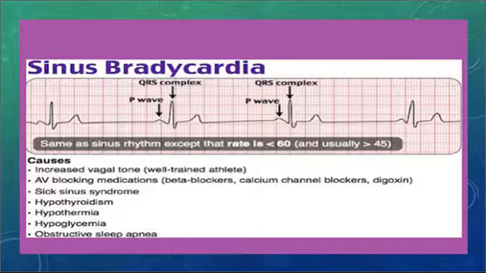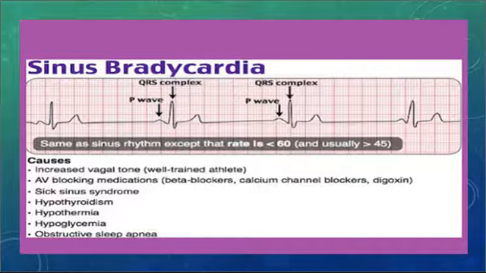Sick sinus syndrome is when your sinus is sick. It's not sending out the impulses right. They may just be in a sinus brady all the time, but they're grossly symptomatic and they will need a pacemaker. Hypothyroidism is one I mentioned, thinking of your thyroid as being your engine.